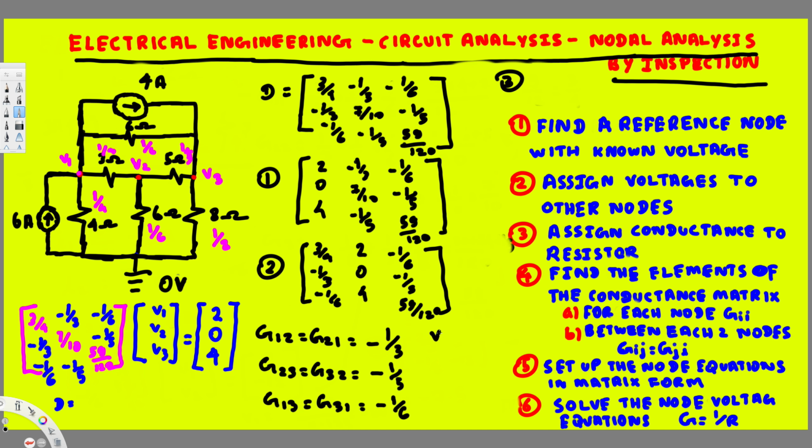And the final equation to find V1: we put the first determinant on top and divide by the original matrix determinant. V2 is the same thing, determinant 2 over the determinant, and V3 is determinant 3 over the determinant.